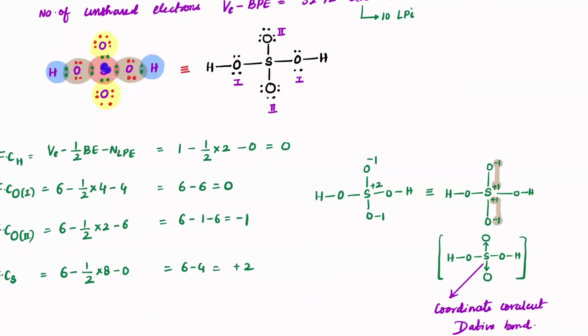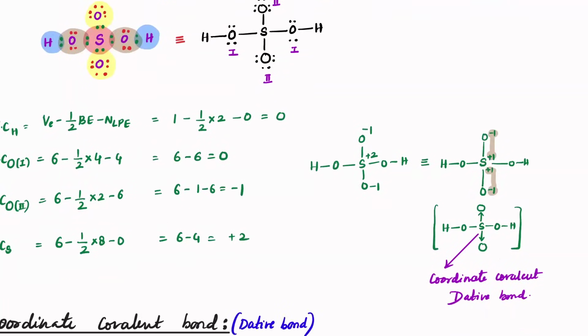Consider that sulfur has one electron here, one electron here, two electrons here and two electrons here. So here only sulfur is sharing, here also sulfur is sharing. But here oxygen and sulfur both are sharing. Here also oxygen and sulfur both are sharing. So that's why sulfur has two covalent bonds and two coordinate covalent bonds.